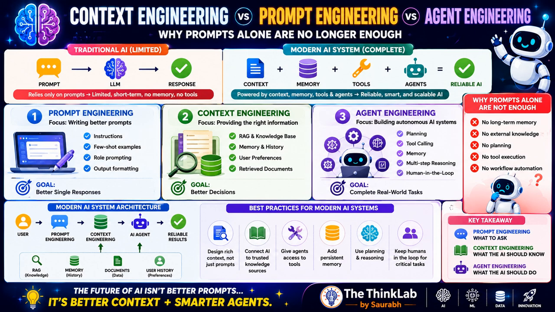In context engineering, the AI first reads your company documents, previous reports, and brand guidelines, and also checks the relevant data, then generates a much better report. Now with agent engineering, the AI plans the work, collects the required information, analyzes the data, creates different charts, and then writes the report. It can even send the emails for review if the system allows those actions. So this is the evolution from prompt to intelligent agent.